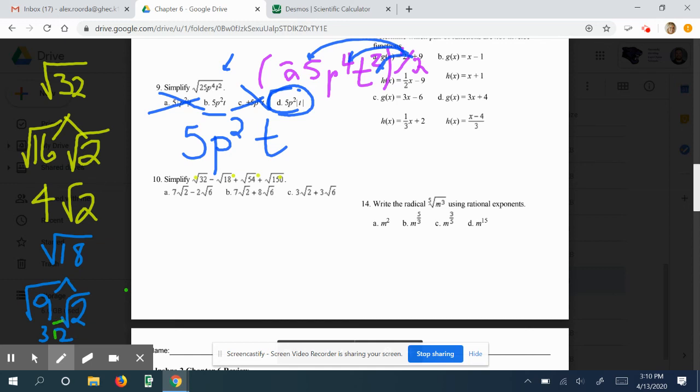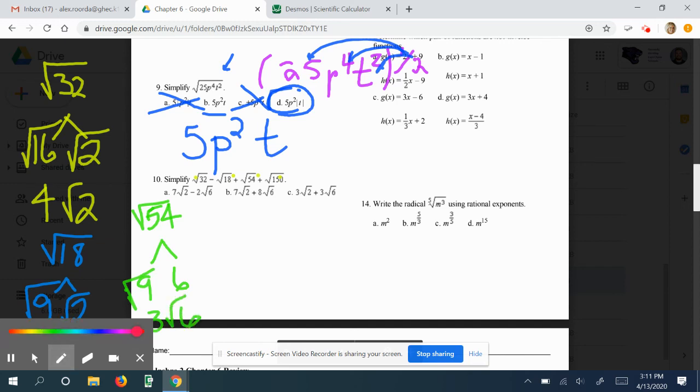And then the next one we have is, let's see, I guess I'll do it in green. Square root of 54. Okay, now I can't break that down into a 2 because that'd be 27, and that's not a perfect square. But the biggest perfect square I can take out is 9 and 6. So the square root of 9 is 3, and the square root of 6 is just square root of 6.